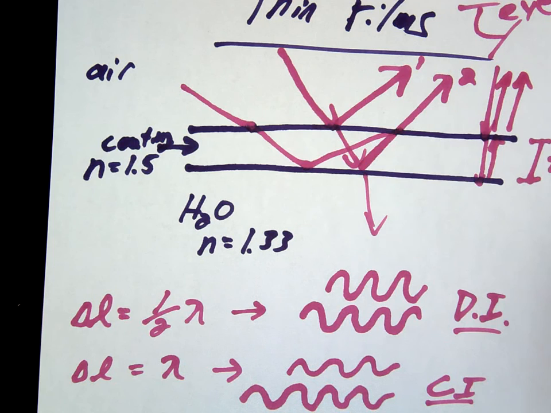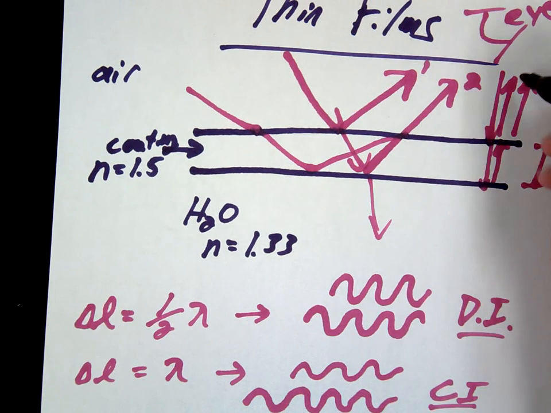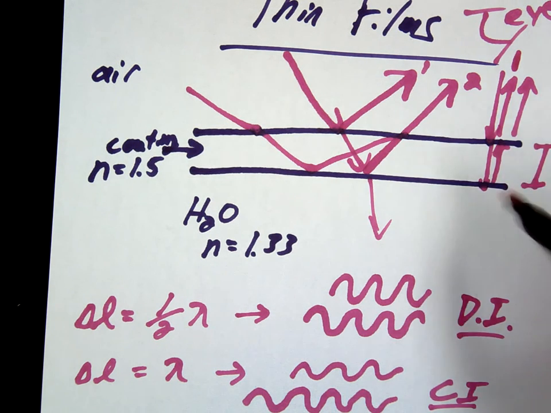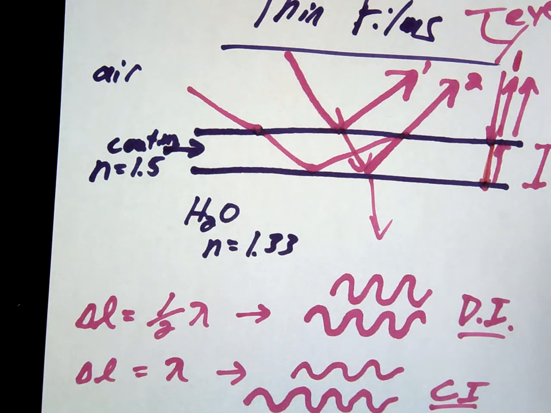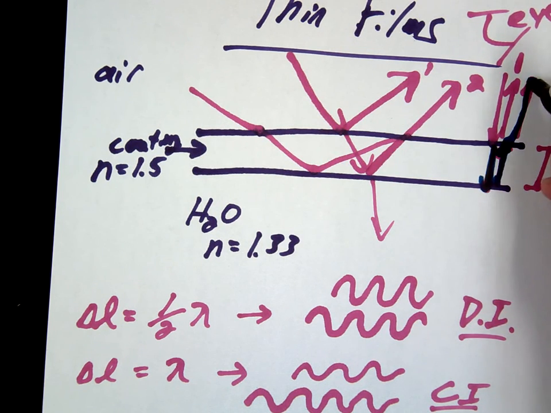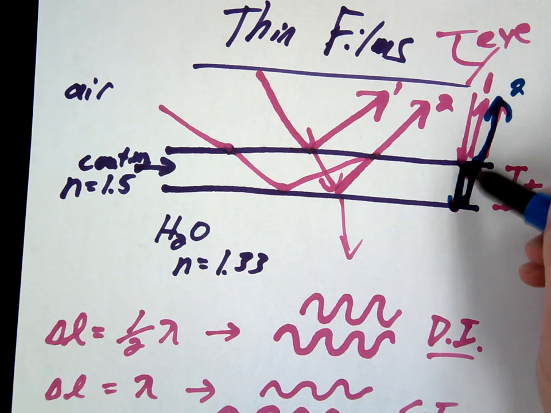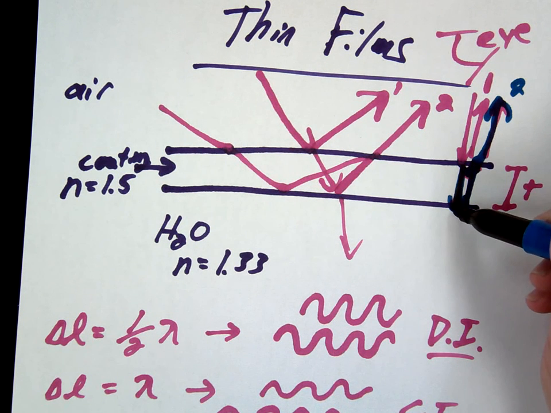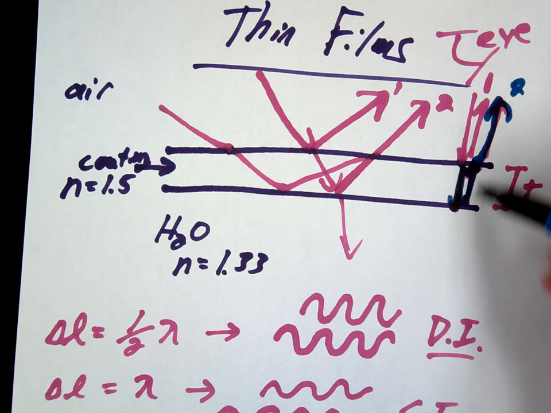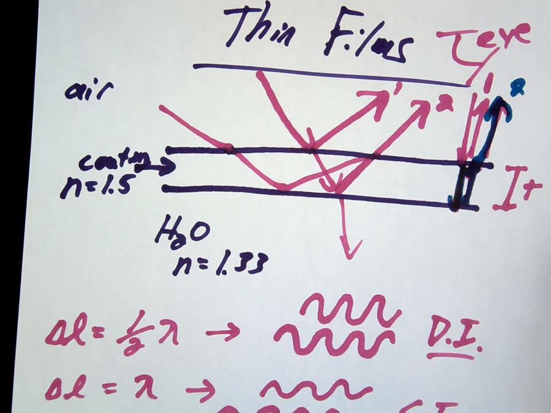So if this is beam 1, the pink one, and then beam 2, let's use blue, beam 2 is going down and then back up, and then they come back together. So beam 2 has to travel T down, T back up. It travels exactly twice the thickness of this coating compared to beam number 1.